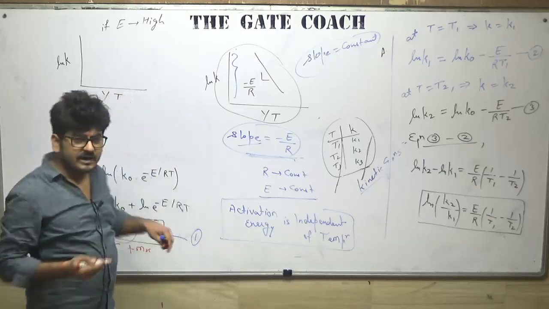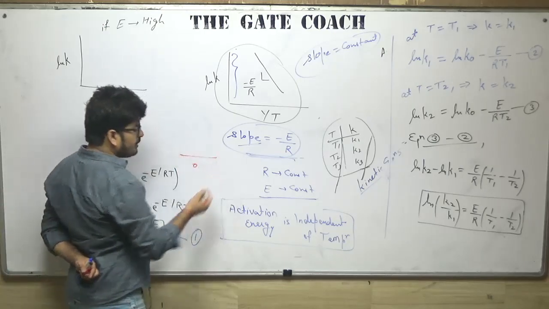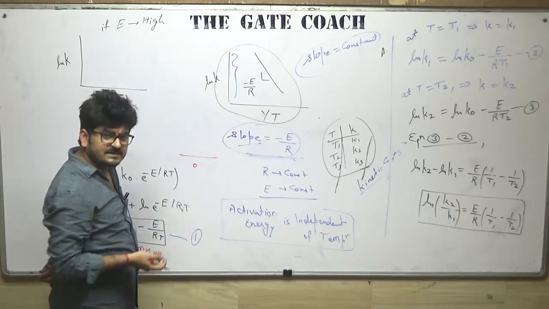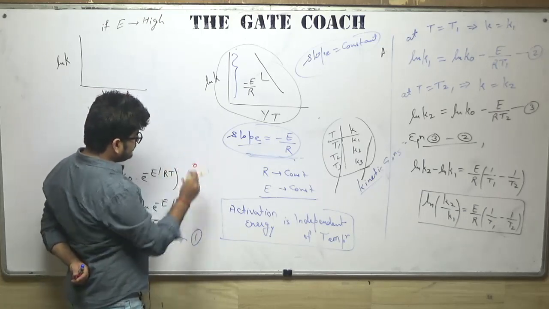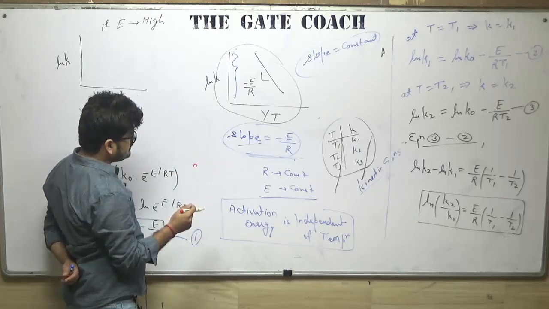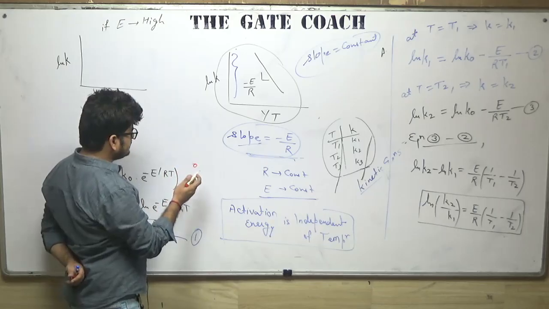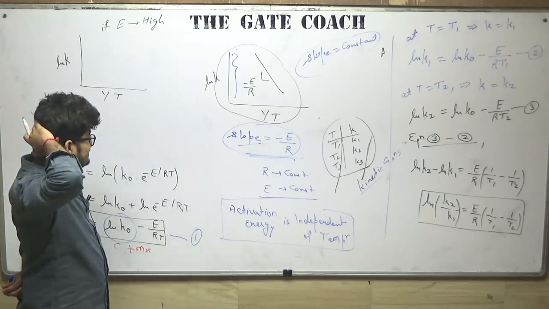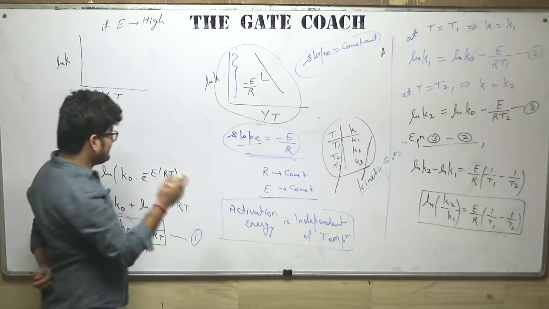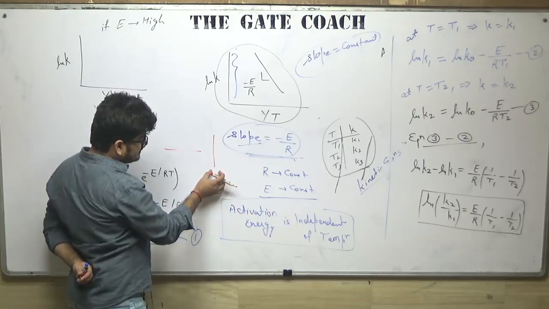All of us know that when the slope of any curve is 0, that will be a horizontal line parallel to the x-axis. If the slope is 0, dy over dx is 0.